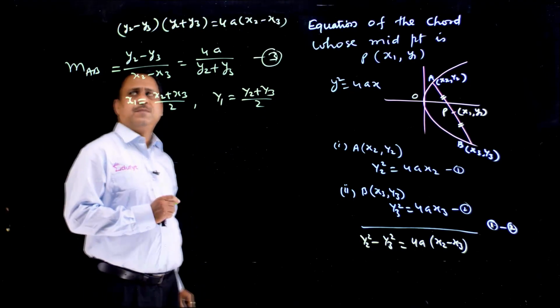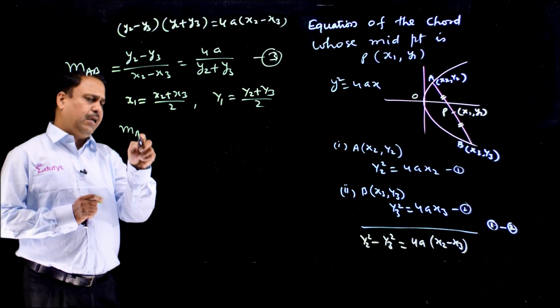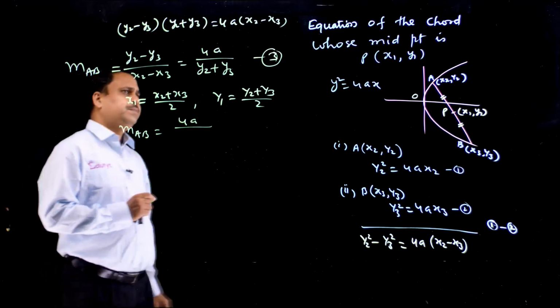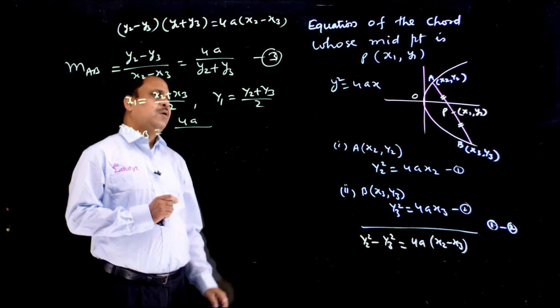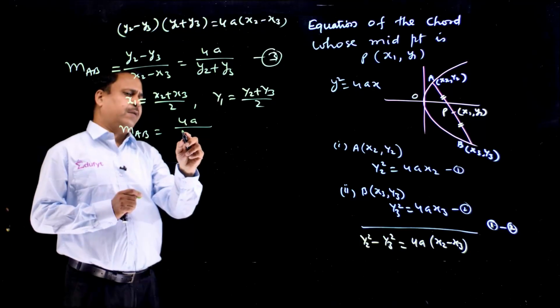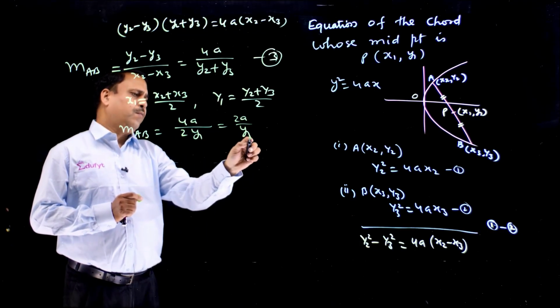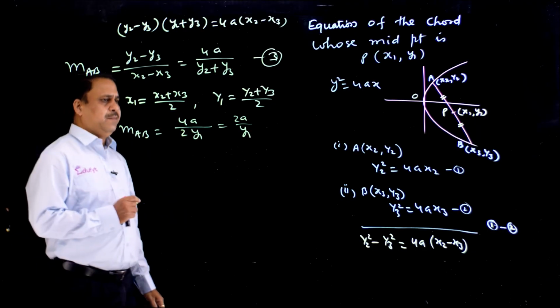This I will put here. So the slope of line AB can be written as 4a upon (y2 plus y3), which is 2y1. That means 2a upon y1. This is the slope of this line AB.